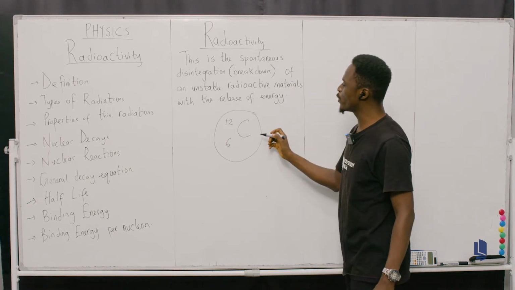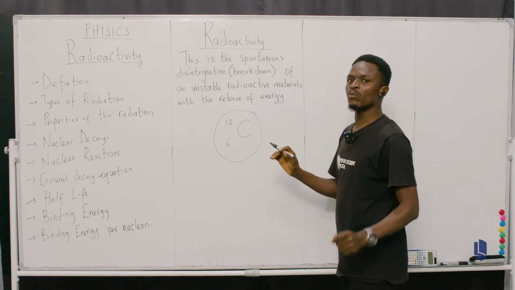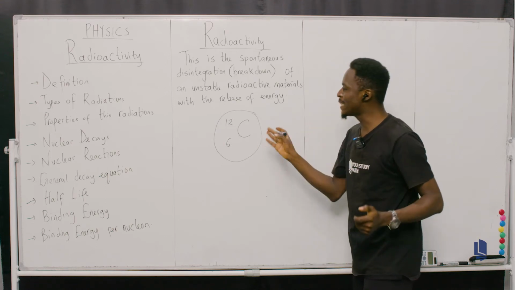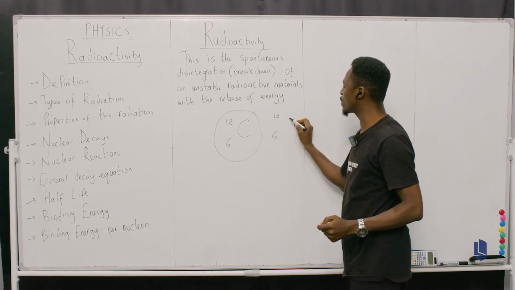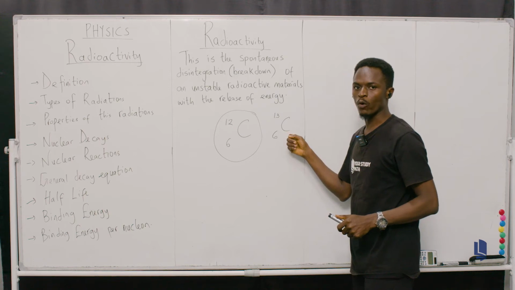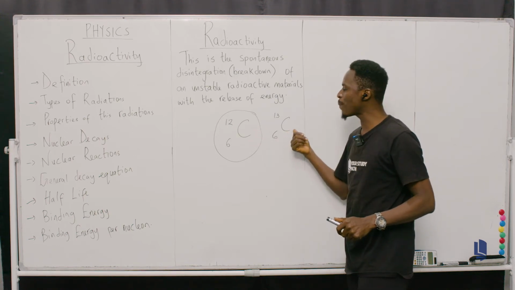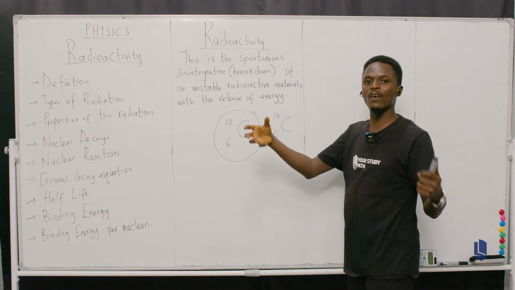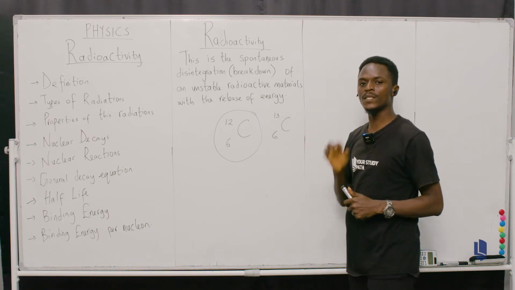The moment you are producing an isotope, and I'm sure you are familiar with the word isotope in chemistry, meaning a family of carbon that does not have 12,6, that perhaps has 13,6 and is still carbon, then a problem occurs. It becomes unstable. Since this is not the natural state of it, it tends to break down into a smaller version of itself. And in the process of doing that, energy is released.